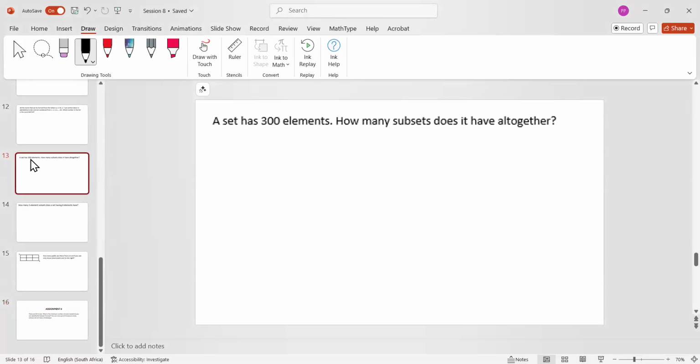All right. Now, I want to count how many subsets there are. And there's a very clever way of doing it. Let me just put down some boxes here.